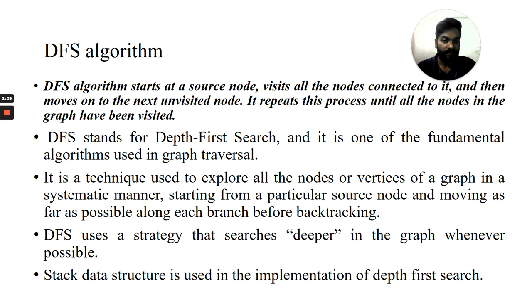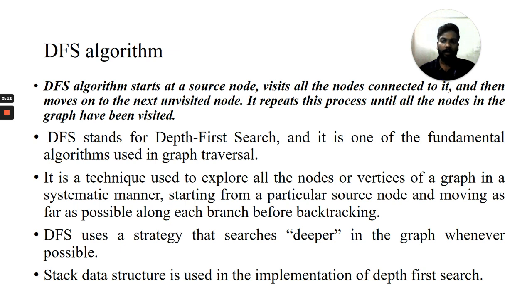We select one source node that is directly connected to many adjacent nodes. Now visit all the nodes connected to it and then move to the next unvisited node, that is, a neighbor or adjacency node. Repeat this process until all the nodes in the graph have been visited.